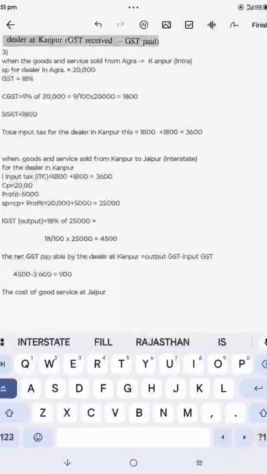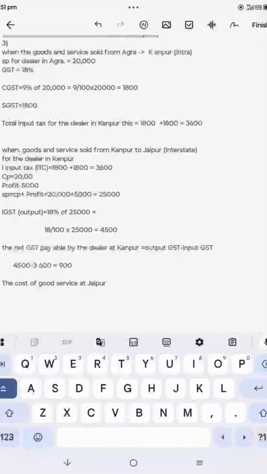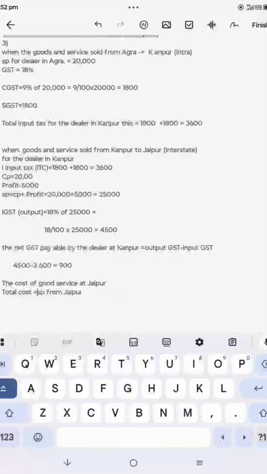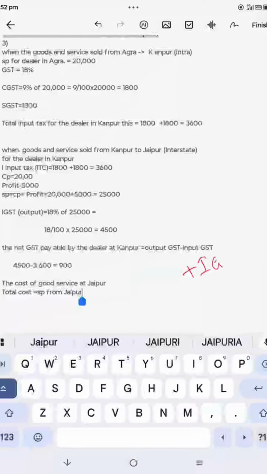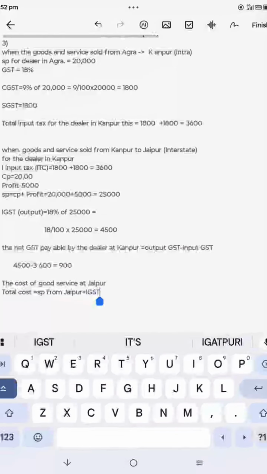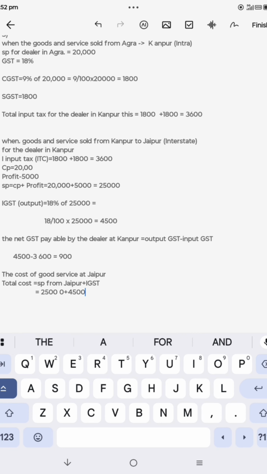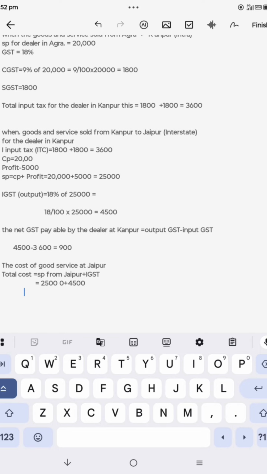This is the total cost, SP from Jaipur plus IGST. SP is how much? 25,000 plus IGST is 4,500. The answer comes to 29,500.